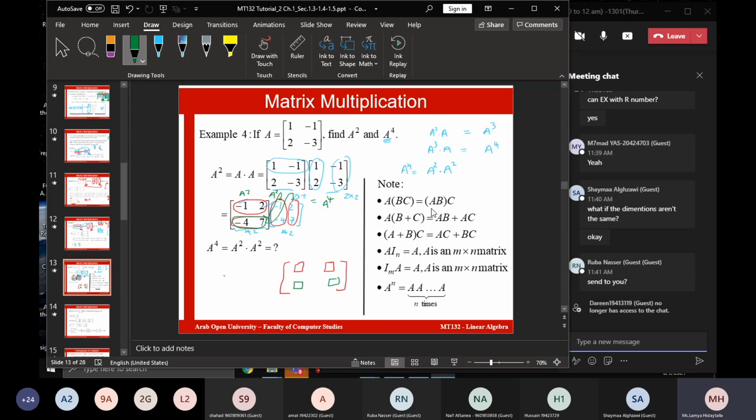No. Same order, it's very important. Which was to the left, you put it on the left, and which was to the right, to the right, in the same order. If you interchange, we said A times B is not necessarily equal to B times A. Are they equal? No. So don't commute them.